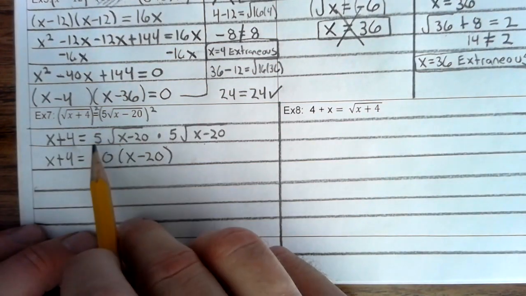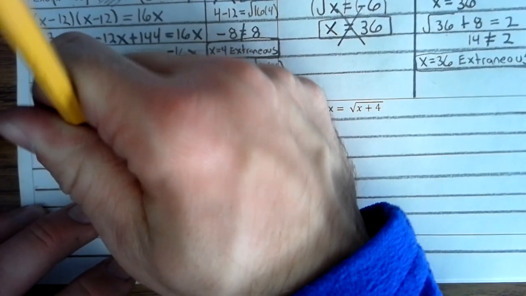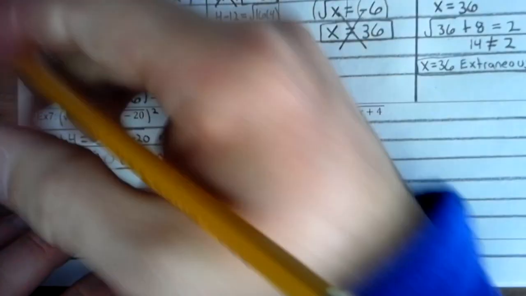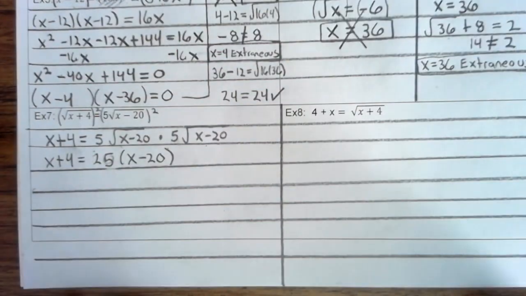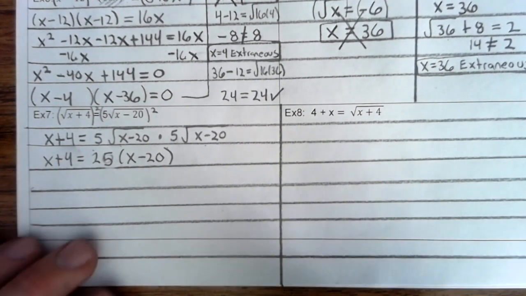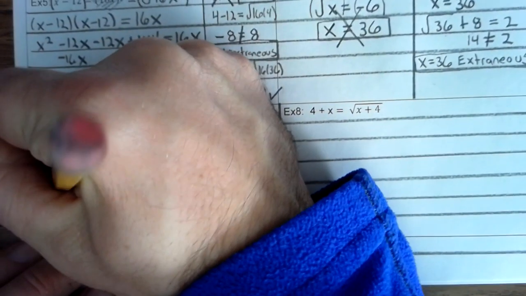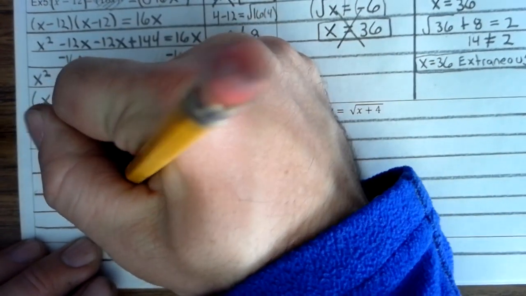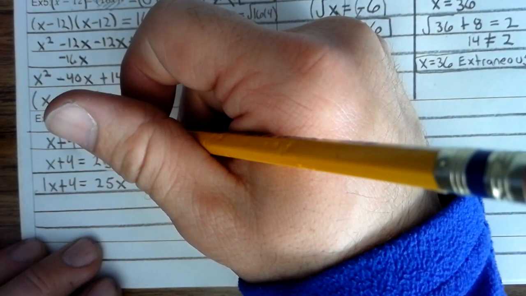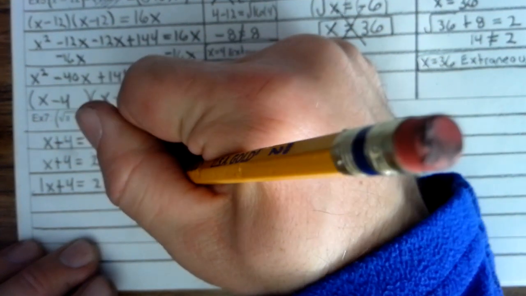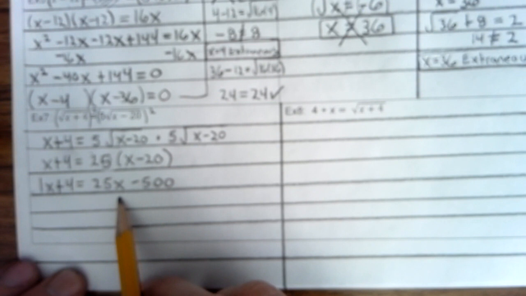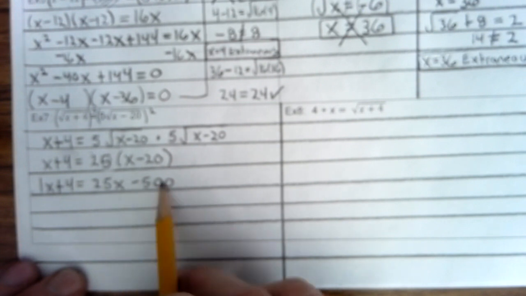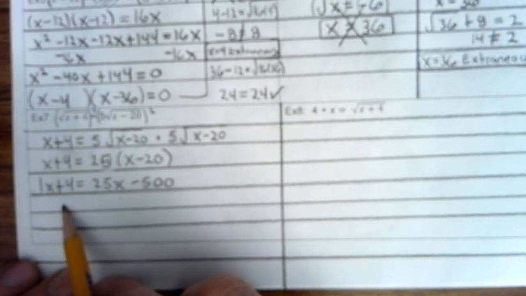And I made a slight mistake. 5 times 5 is 20. It's 25. All right, so now we have 1x plus 4 equals 25 times x is 25x. 25 times negative 20 is negative 500. We're going to subtract 1x from both sides and add 500 to the other.